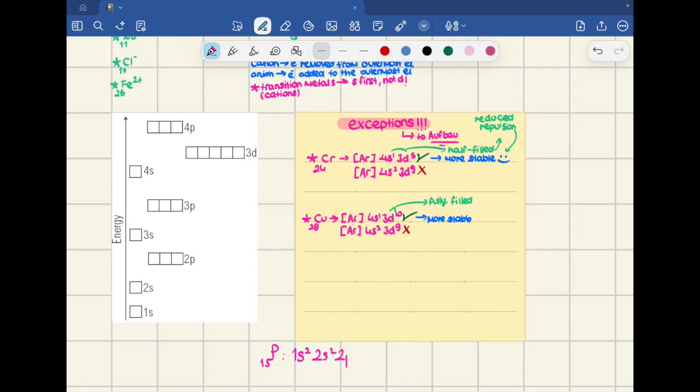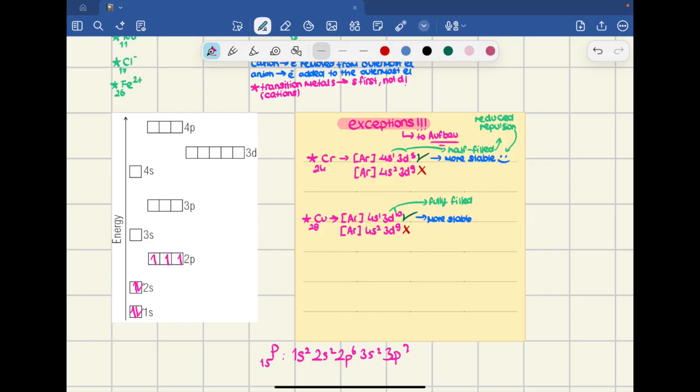And then the p sublevel in the second main energy level, which is the second type of sublevel within it, will be fully occupied. Now we have 10 electrons, and we are done with the second main energy level. Let's move on to the third one. It will be 3s2, and now we have 12, and we will have 3p3. Let's draw it. 1, 2 here, 1, 2 here, 1, 2, 3.